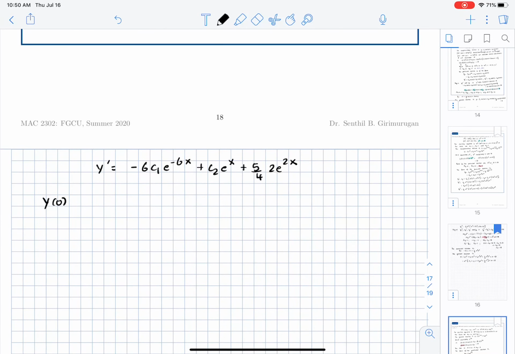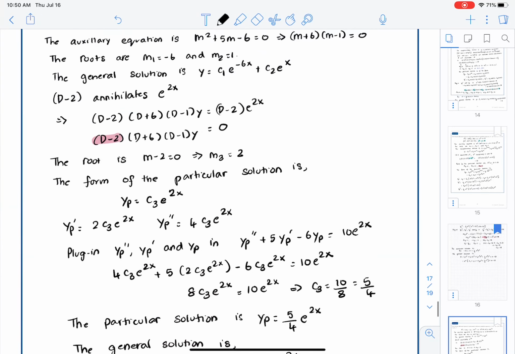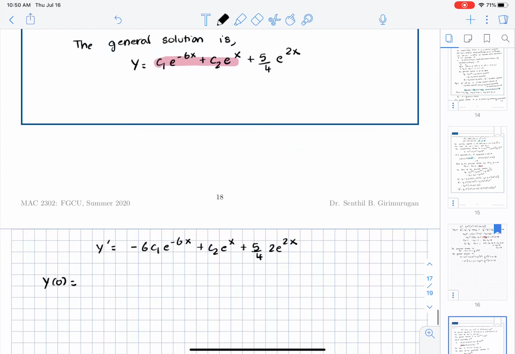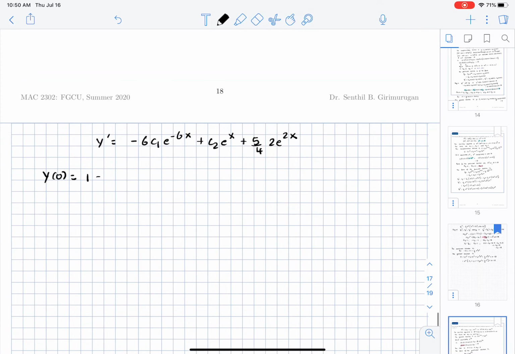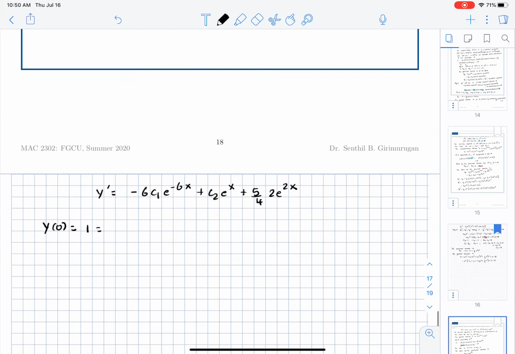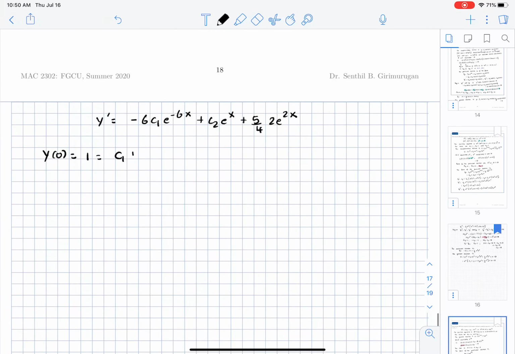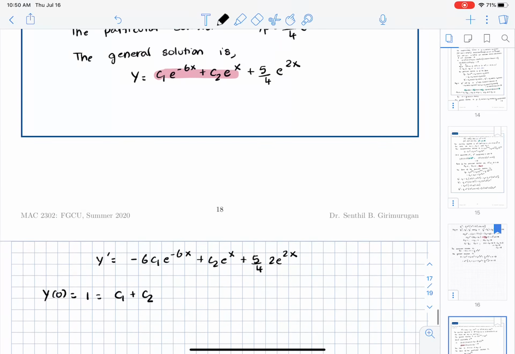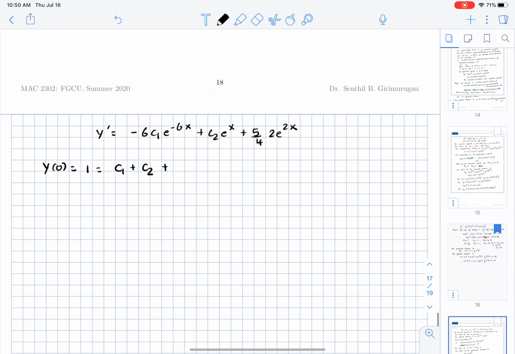Y of 0 is equal to 1. So plugging in 0, I will get c1 plus c2 plus 5 over 4, which would mean 1 minus 5 over 4 is equal to c1 plus c2. So c1 plus c2 is negative 1 over 4.